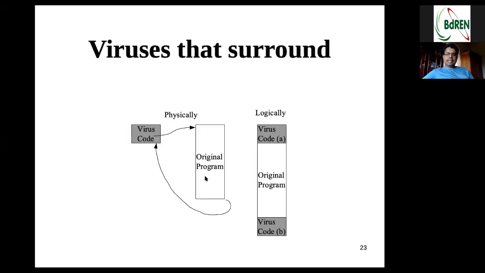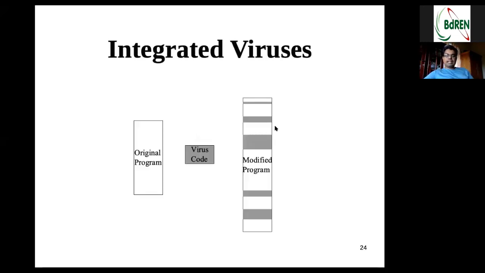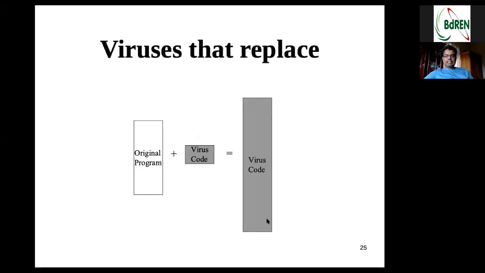And then there is a technique called surrounding, where they put part of the code at the end and the important part at the beginning. And then there is a method called integrating, which integrates code everywhere. Why do they want to do so? So that the scanners have to work to detect them. Some viruses entirely replace the host program, but most viruses are not doing that now.